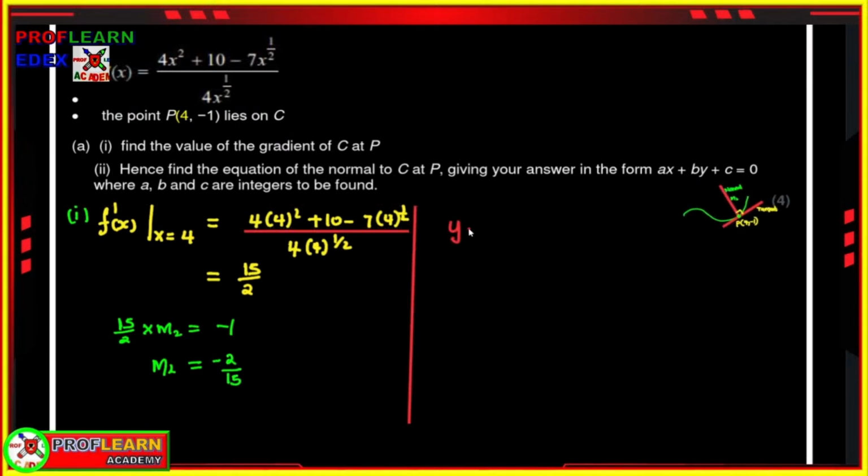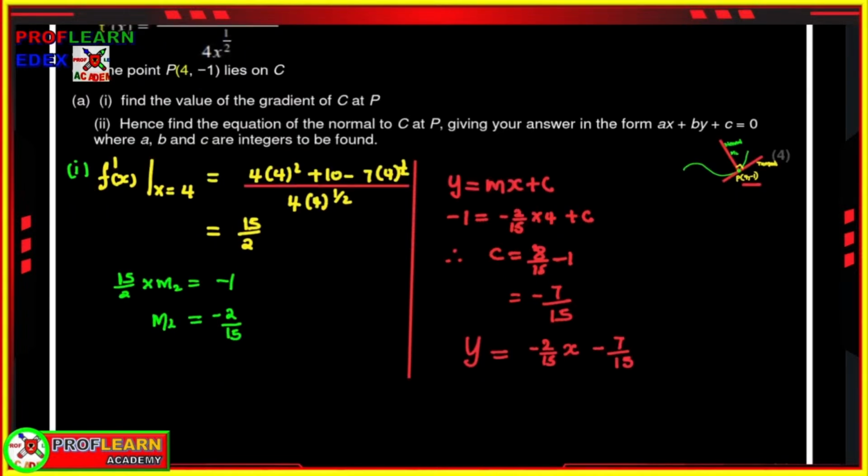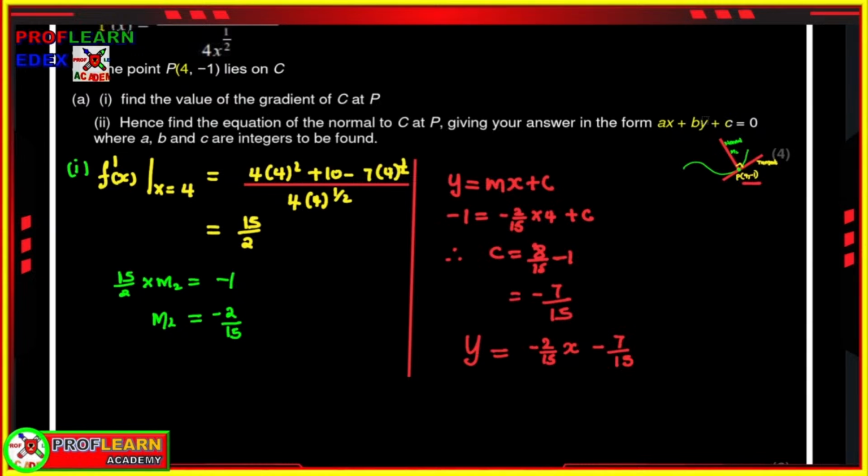Then using the coordinate that was provided and y equals mx plus c, we can find the value of c as negative 7 over 15. Then we can substitute the values into the equation of a straight line.